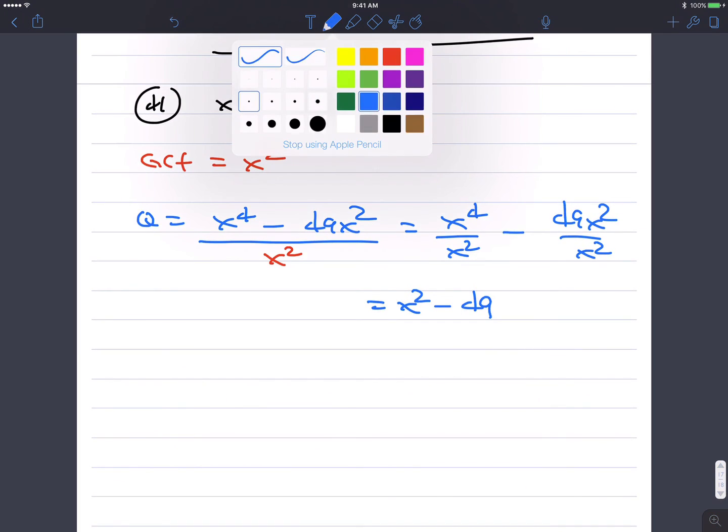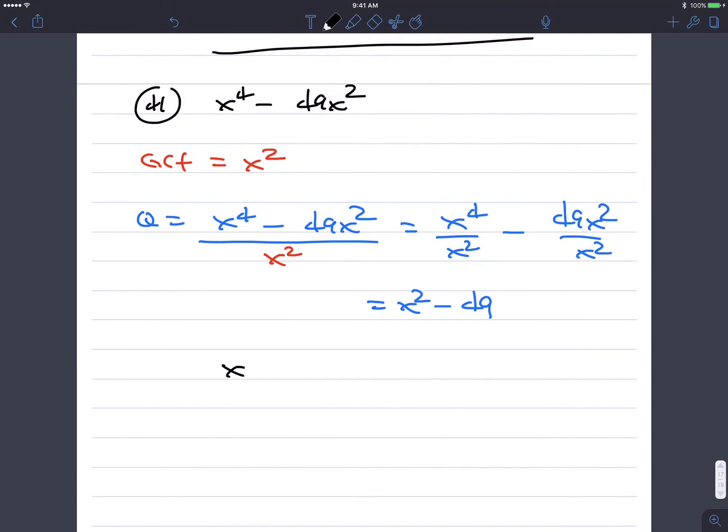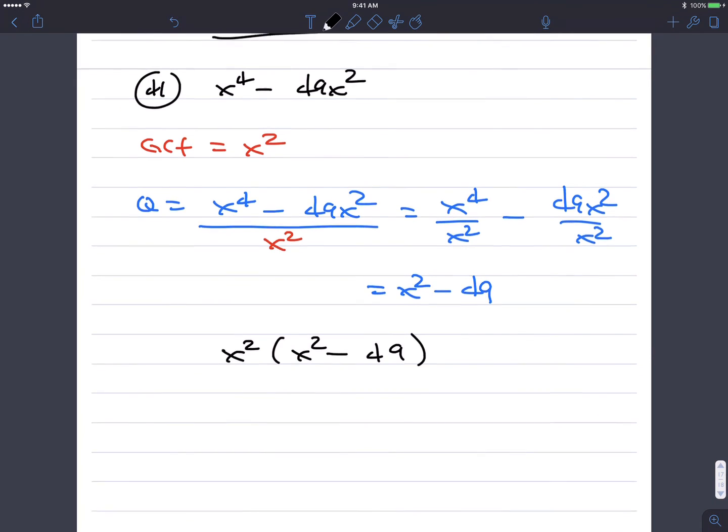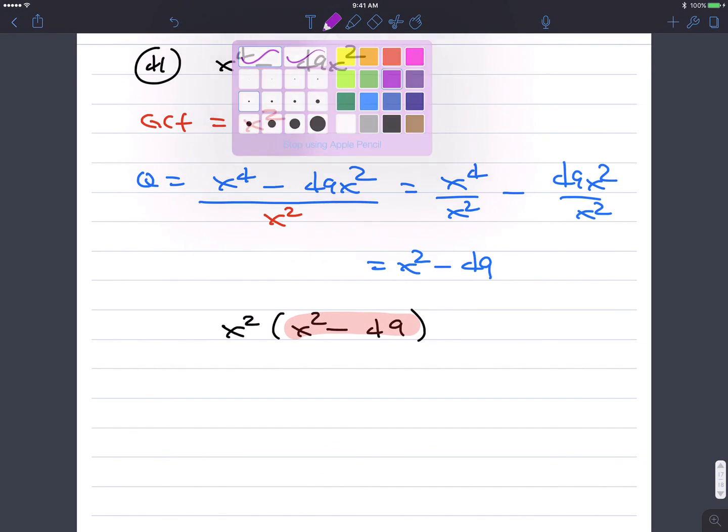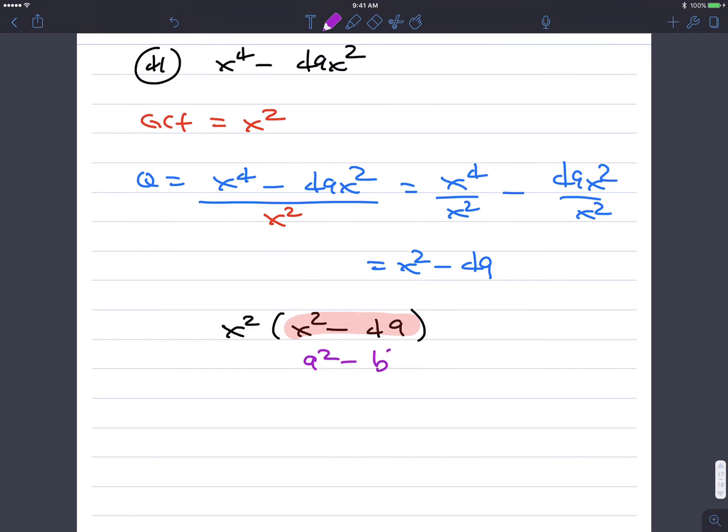Okay. GCF, x squared. Quotient, x squared minus what? 49. Factor the quotient. Difference of perfect what?